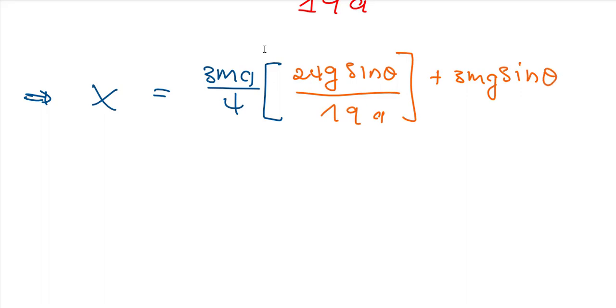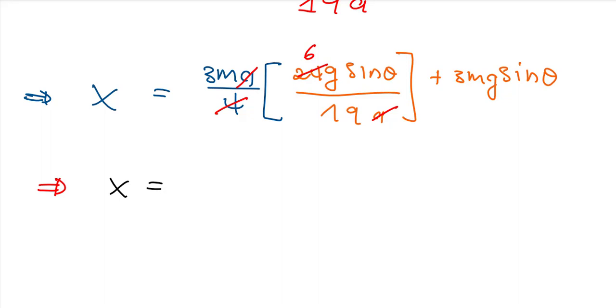Okay, so here we have, let's simplify. 4 goes here 6 times, the a's we cancel out. So this means x will be equal to 3 times 6, that's 18m.